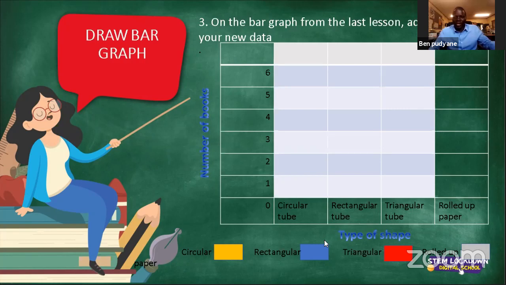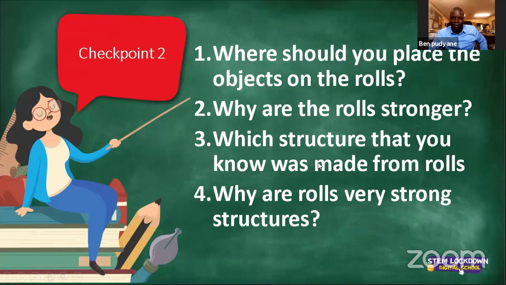We can go to the next slide and see the questions. I think I've got a few questions to ask you before we can go. Now, where should you place the objects on the rolls? You remember I was busy with the 2 rolls. Then I managed to put this object on top. It's simple. Laurentia, what do you say?